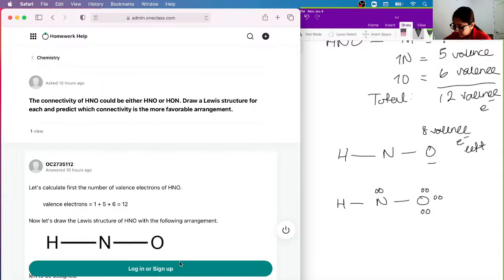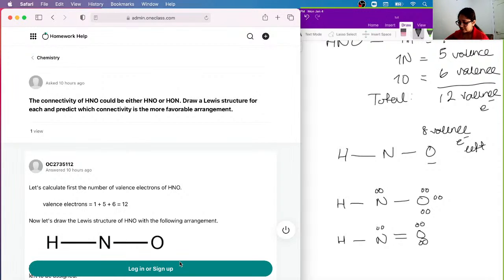Since it's only bonding with 2, we need 1 more, and so to do that, we can put a double bond with the oxygen. That means oxygen will lose a pair of its lone pairs, and so this is how it will become.